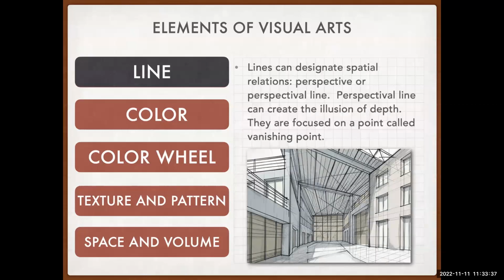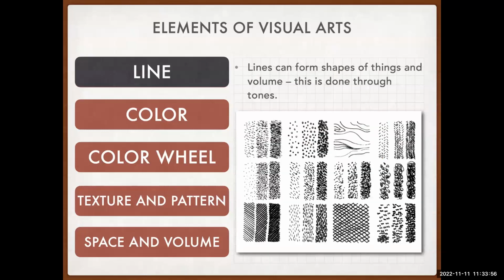Okay. Another is that lines can be designated in spatial relations, such as perspective or perspectival line. Perspectival line can create the illusion of depth or kalamon. They are focused on a point called the vanishing point. Lines can also form shapes of things in volume.